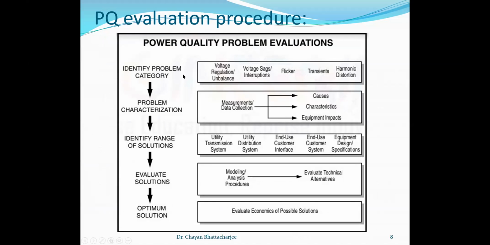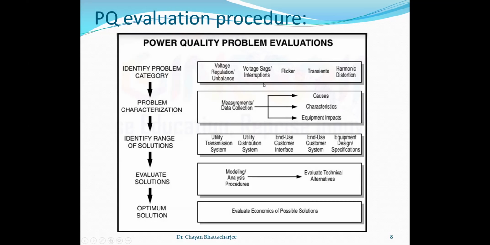These are the few steps of detection of power quality problems. First is to identify the problem category. You have to identify the nature of the problem, whether it is voltage regulation or an imbalance problem, whether voltage has dropped to a certain value, whether it is a flicker or voltage fluctuation, or an unbalance.